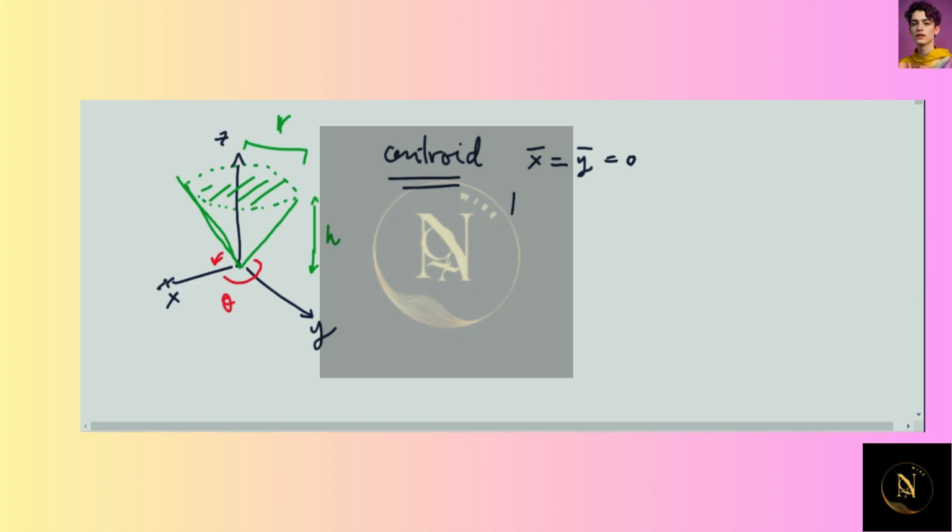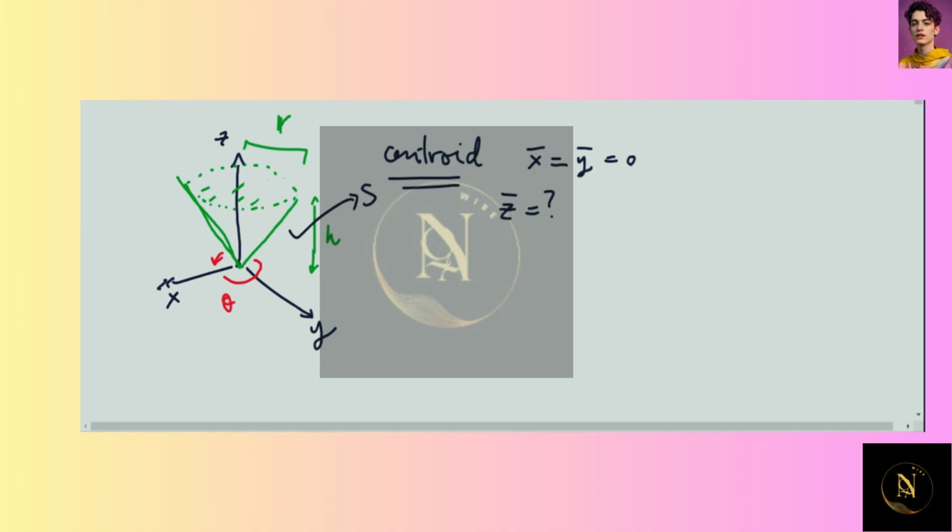So we need to find what is the average z. If we call this surface S, we would only be considering the lateral surface without the base.